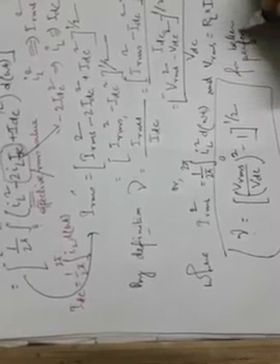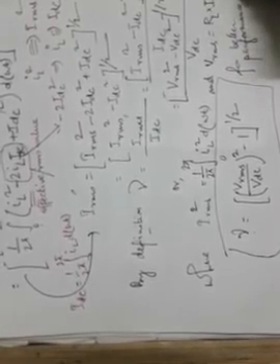Now, lower the value of this gamma, better is the performance of the rectifier. So for better performance by a rectifier, gamma should be as low as possible.